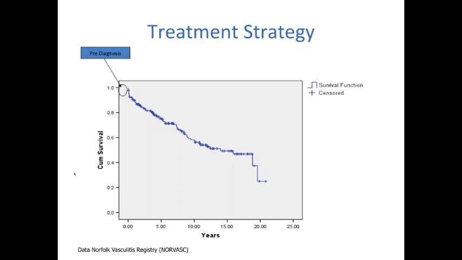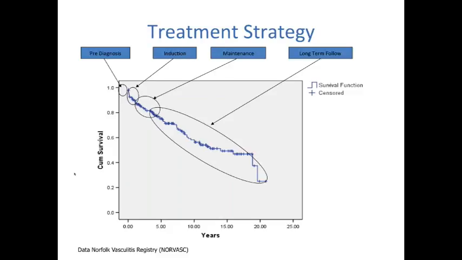There's obviously a pre-diagnostic phase where management strategy is not so much aimed at drug treatment, it's aimed at improving access to physicians with interest in vasculitis, and therefore getting a diagnosis as quickly as possible, because early diagnosis probably leads to a better outcome, and certainly leads to better treatment, earlier treatment, and easier treatment. So there's a pre-diagnostic phase which we should try and minimize. There's then an induction phase, followed by a maintenance phase, and then a very long-term follow-up phase.